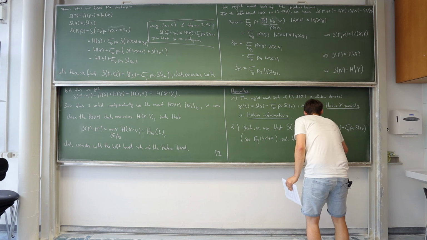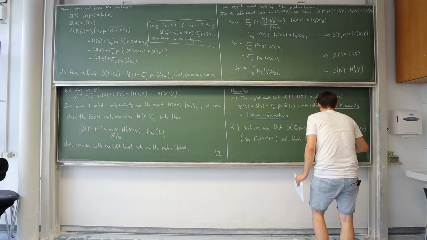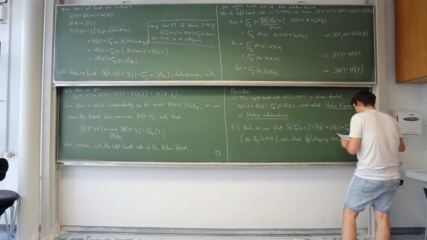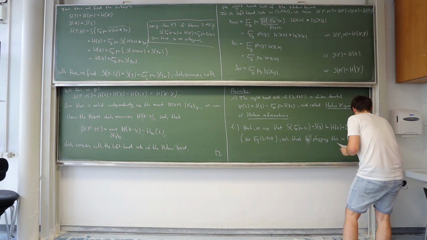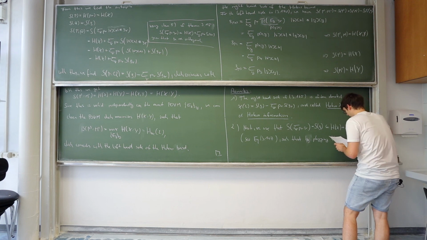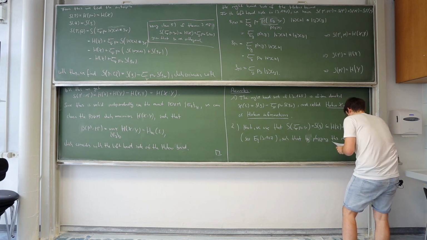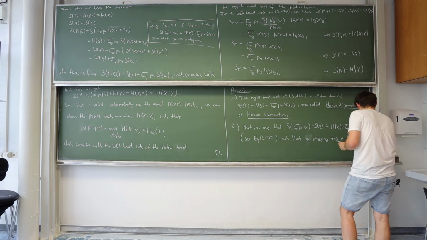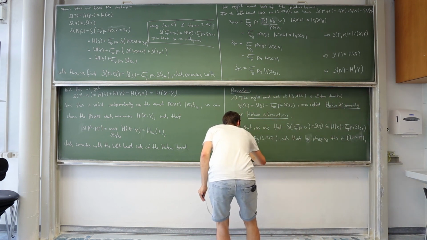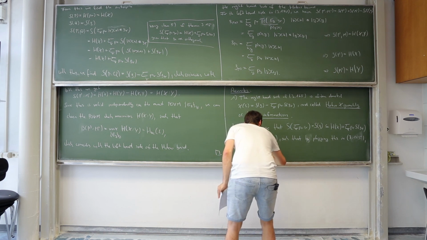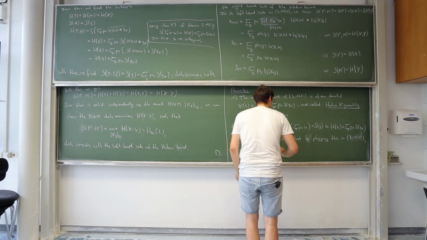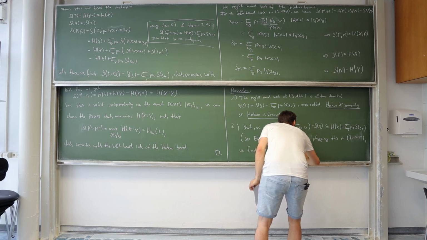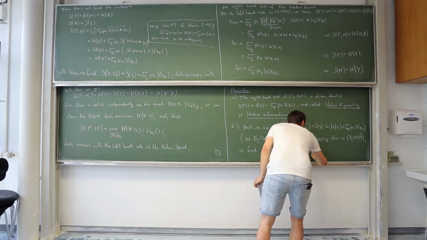by plugging this in the equation from the Holevo bound theorem, 3.165, we find the following, that the accessible information is, by the Holevo bound, bounded by S of rho minus sum over x p_x S of rho_x.